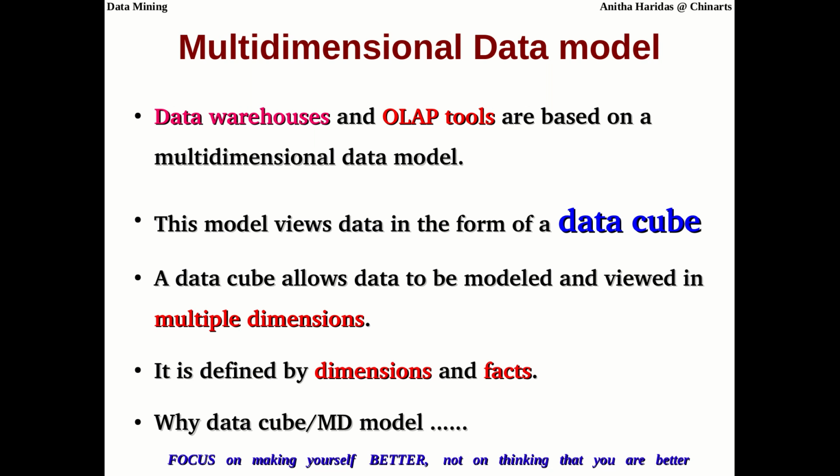You want to analyze the sales based on time, or based on the branches of an organization, or based on the items in that particular market, or based on a particular location. So from this particular location, how many customers are coming in, how many customers are purchasing a particular item from a particular location. So you want to analyze one particular subject based on different dimensions.